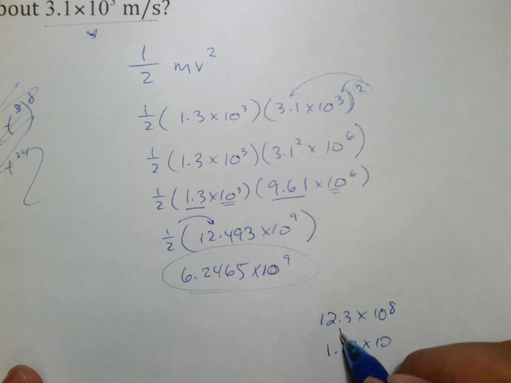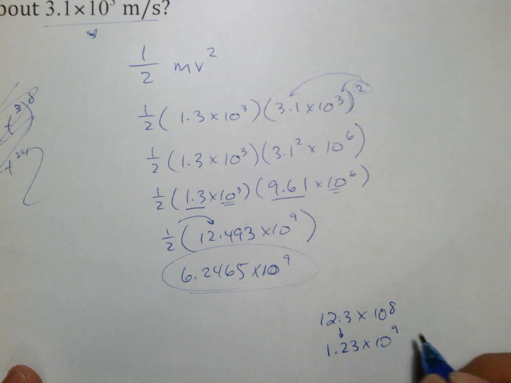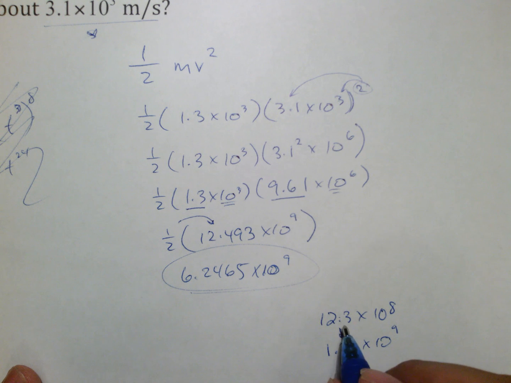And what you have to do with that is recognize that if 12.3 turned into 1.23, if that got smaller, and to offset making this smaller, kind of like a seesaw, this side goes down, so this side must go up. And so you have to turn that to 10 to the 9th because you moved that one spot over. If you would have had to move it 2 spots over, this would have went up by 2.